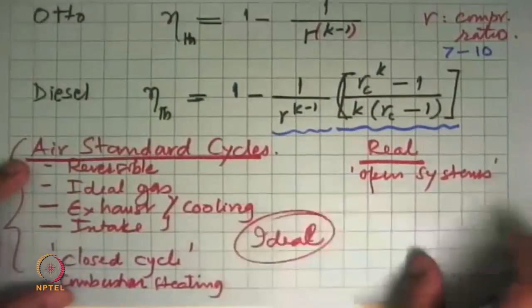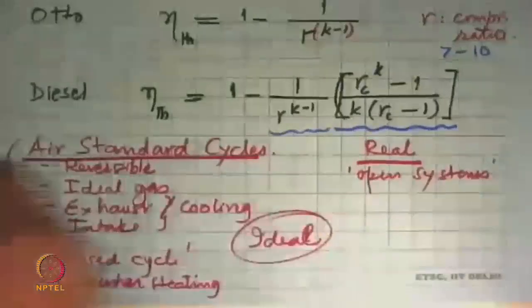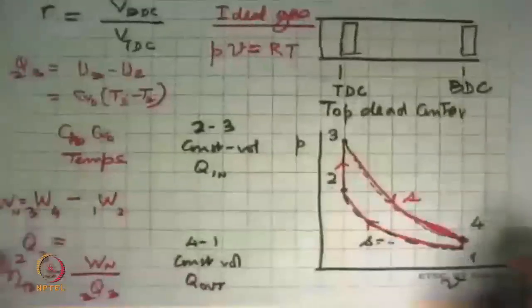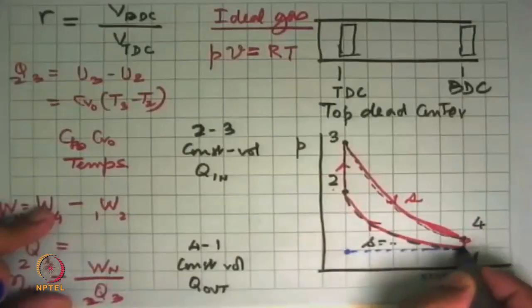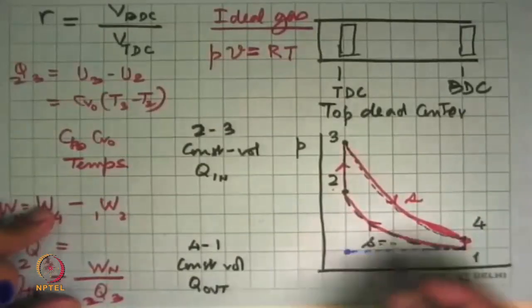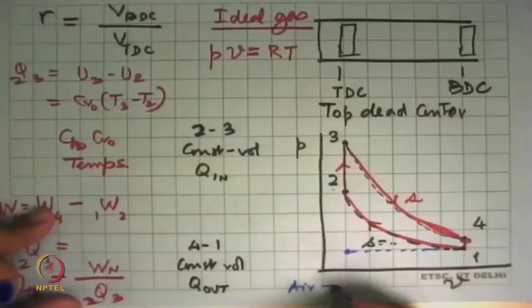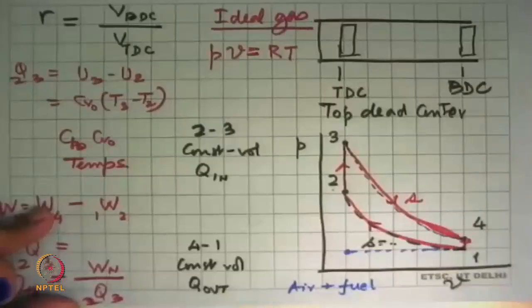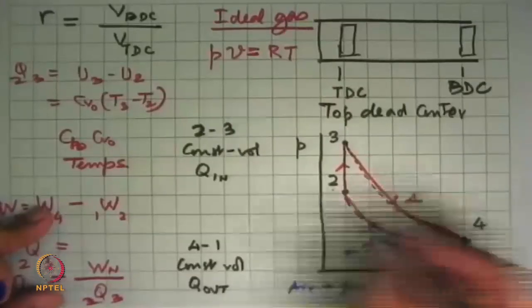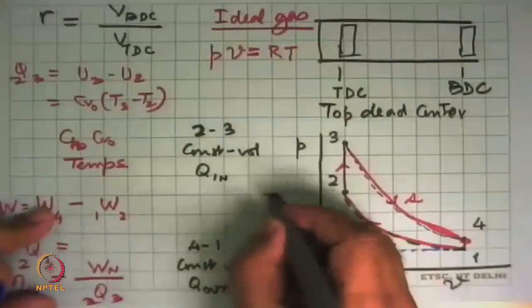And that's because in this cycle, in the real cycle, we have an intake stroke which starts from here and it takes in the substance, and what it takes in is air plus vaporized fuel, a fuel vapor mixture. And then it is compressed to this point where the temperature is T2.